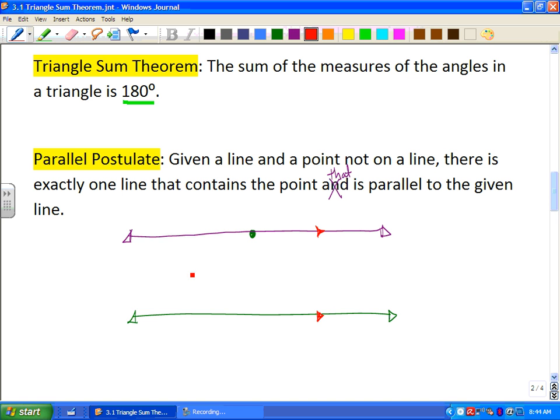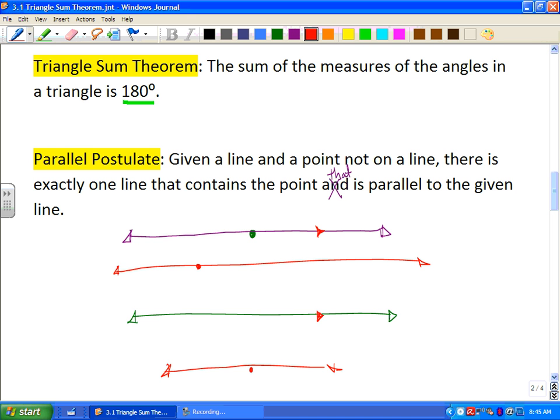Now, if I pick a different point, how many lines would go through that point that are parallel? Exactly one, right? If I pick a point down there, it'd be exactly one line that would be parallel to the given line. Okay, so you can pick a point anywhere.